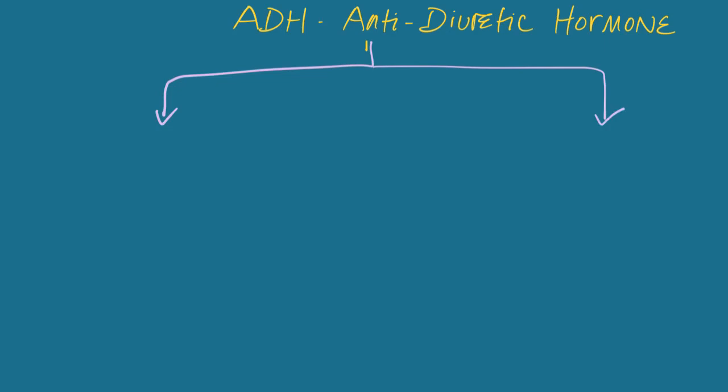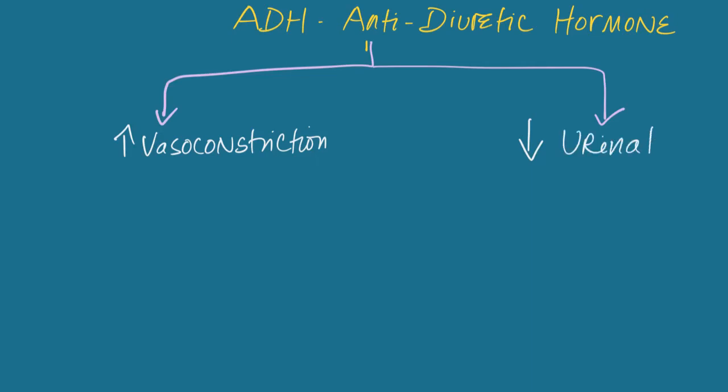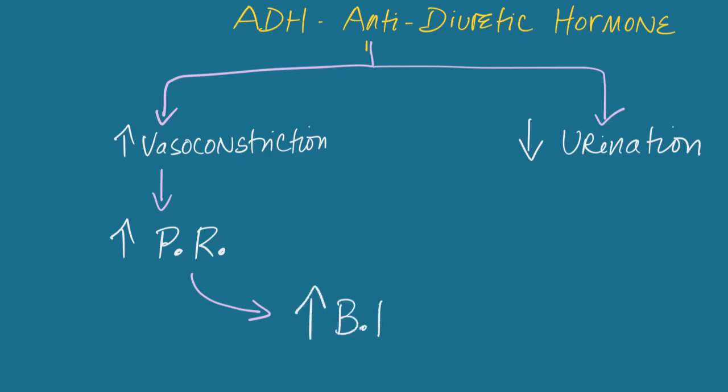It increases vasoconstriction and it lowers urination, which means that you pee less. So when vasoconstriction increases, peripheral resistance increases as well. When peripheral resistance increases, blood pressure increases as well.